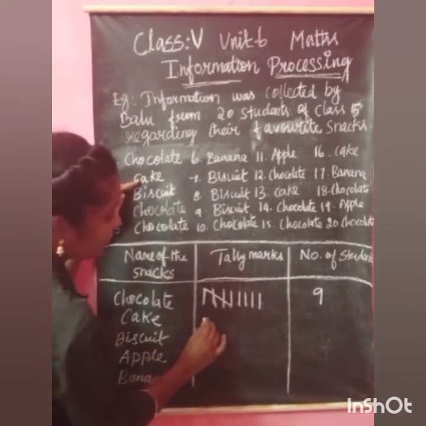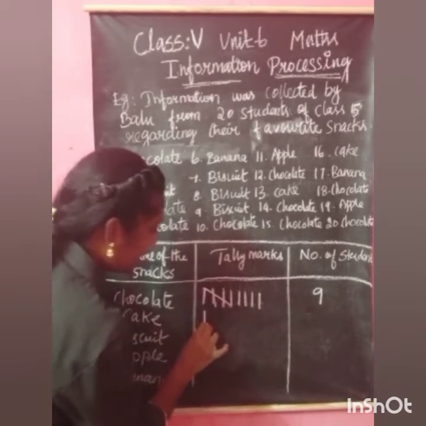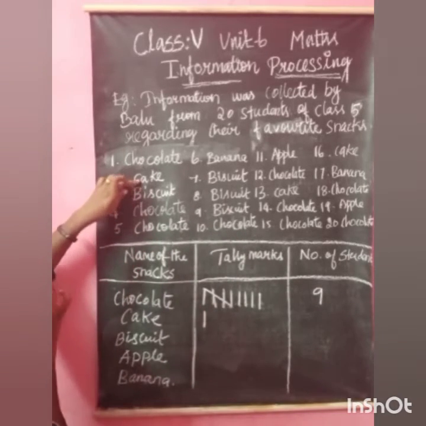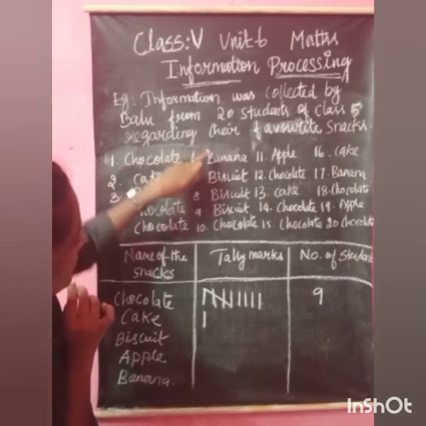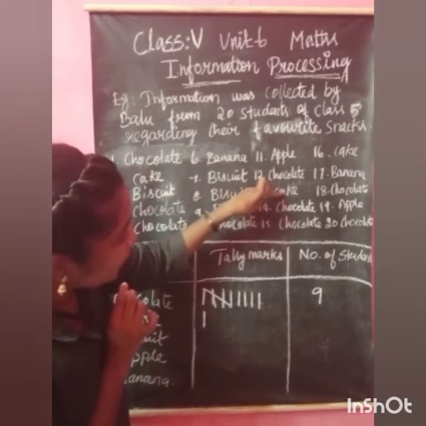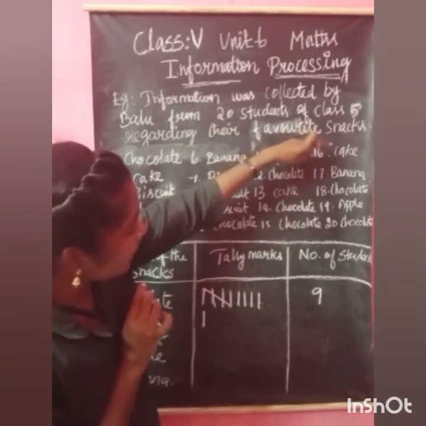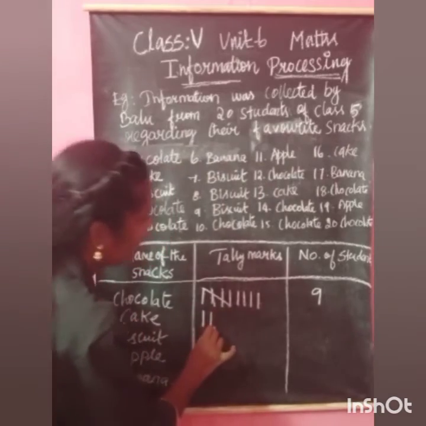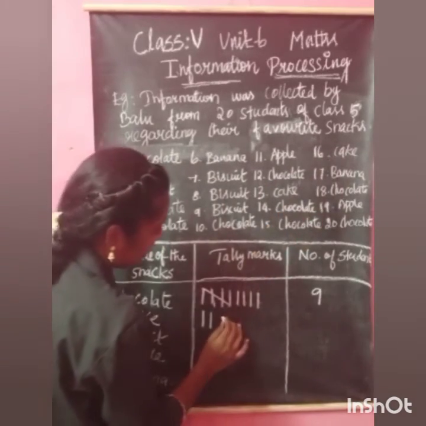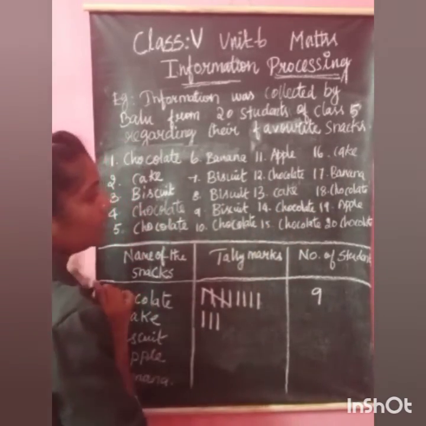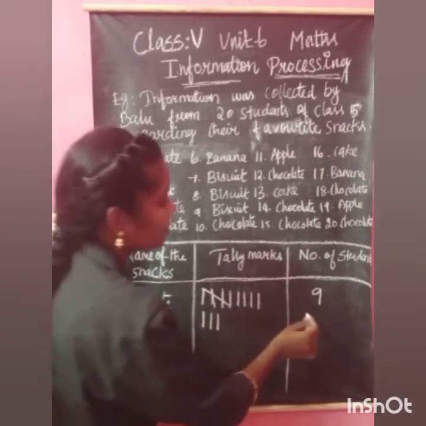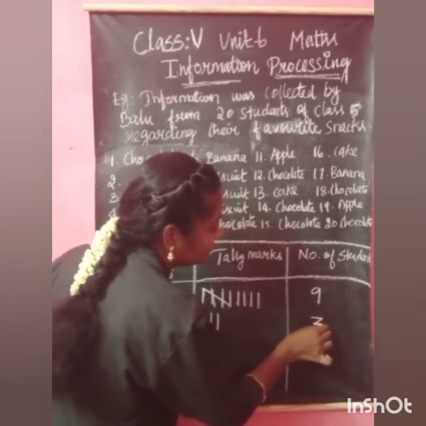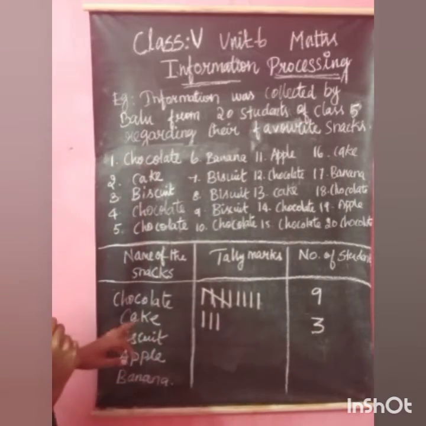Next, count the cake. So 1, put the vertical line. Then next, see the children, the 2. Then 3. So 3 cake.